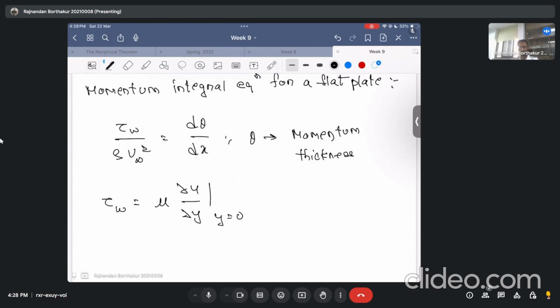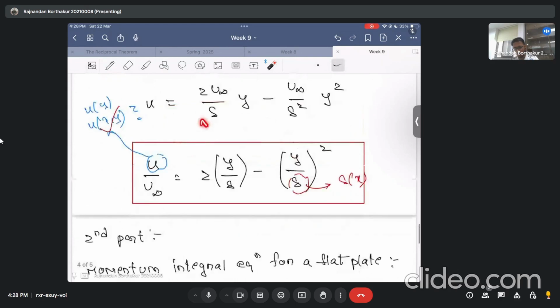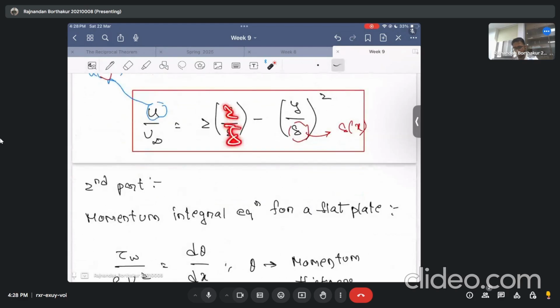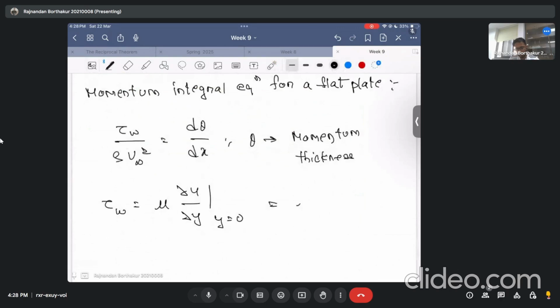That's the definition of wall shear stress. And I know the velocity profile here, right? So the wall shear stress would be just del u by del y, evaluated at y equal to 0, which would be just 2 by delta times u infinity. So your wall shear stress is just mu times 2 by delta times u infinity.